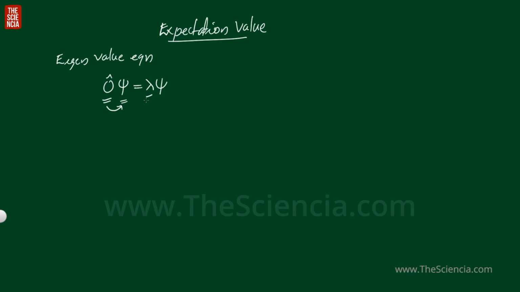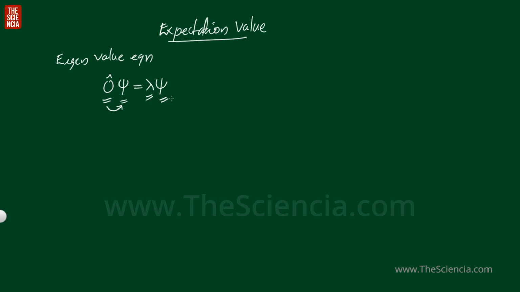We get the temperature value, and the bucket of water will definitely remain, right? So that is this eigenvalue equation. We are doing a measurement on a certain system. After measurement, it will give the measured value and the system as itself. Okay, so that is this eigenvalue equation.